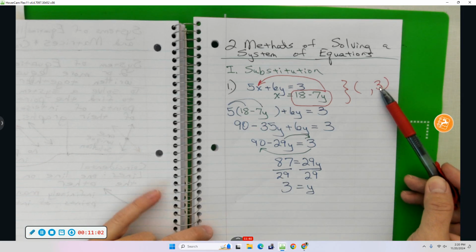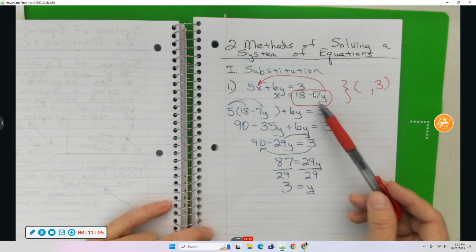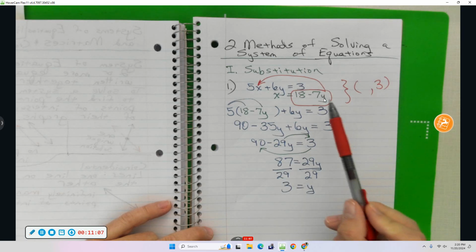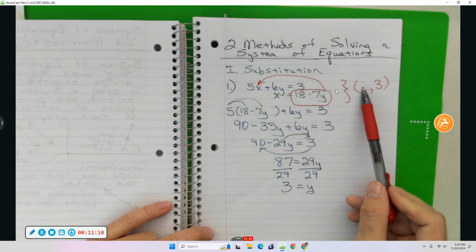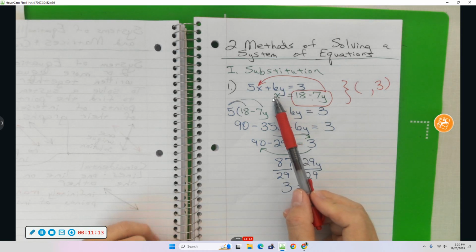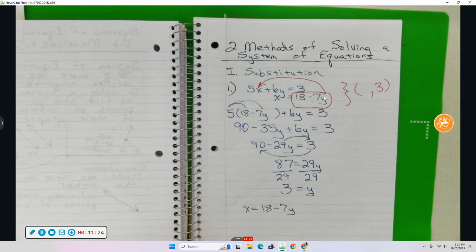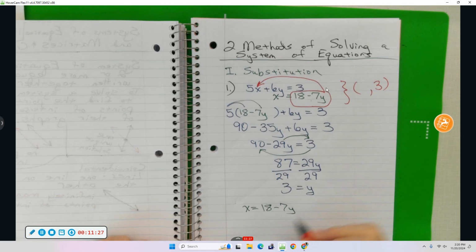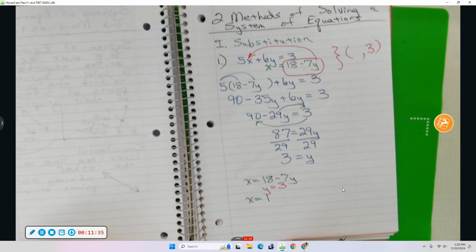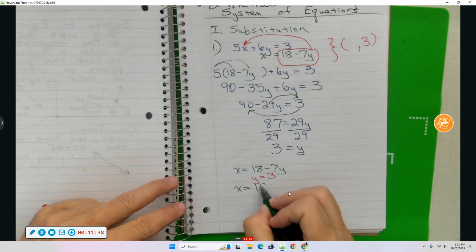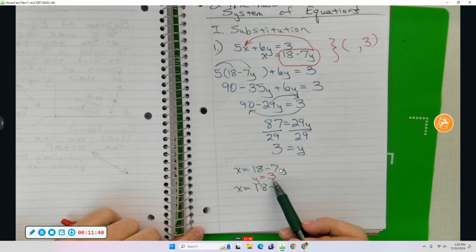Substitute the 3 for y into one of the two original equations. My advice to you, substitute into the equation that's already solved for x, the variable you're trying to find. Use that, what was it, x equals 18 minus 7y. Plug in a y value of 3. So you're going to have x equals 18 minus 7 times 3.